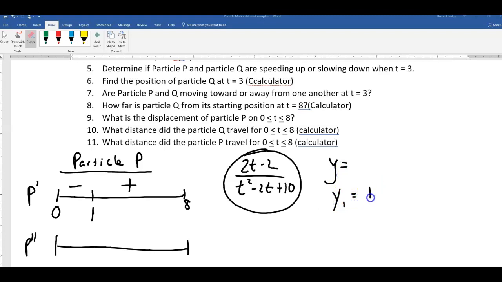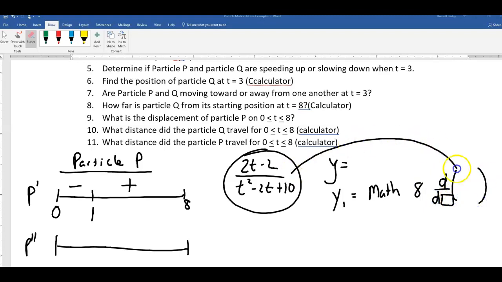You're going to push math. You're going to choose 8. And at that point, you will see this expression again. We're going to put this function in there, and then we're going to put x equals x to graph that first derivative, or the derivative of that first derivative, which is the acceleration.